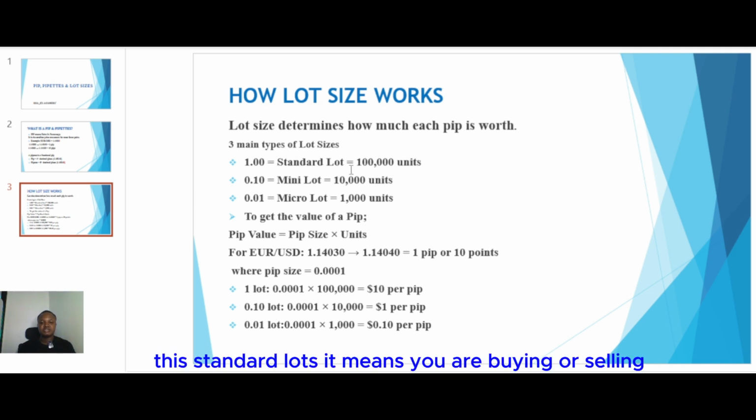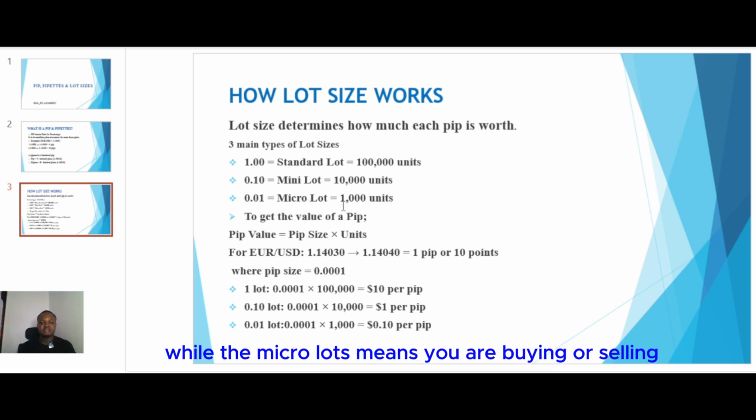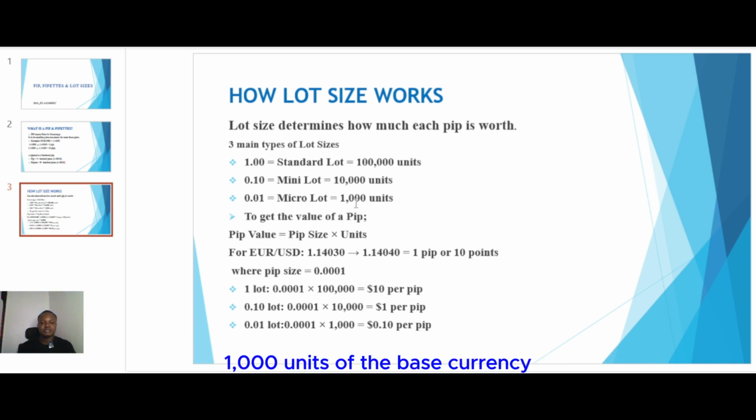The standard lot means you are buying or selling 100,000 units of the base currency. The mini lot means you are buying or selling 10,000 units of the base currency, while the micro lot means you are buying or selling 1,000 units of the base currency.